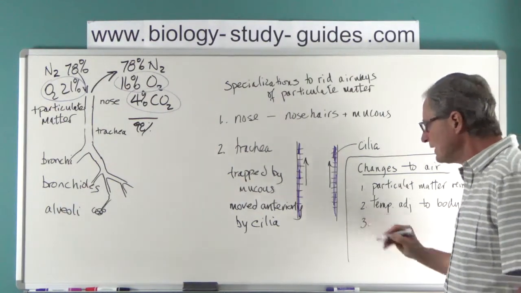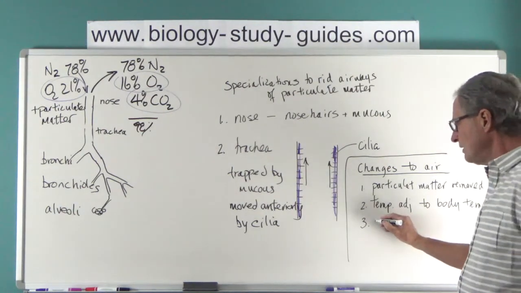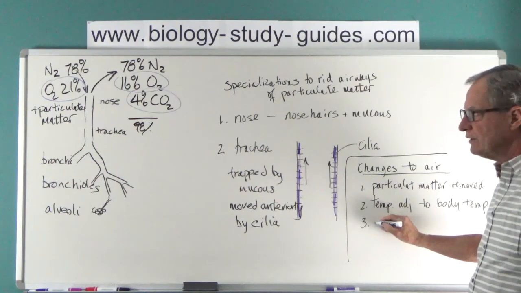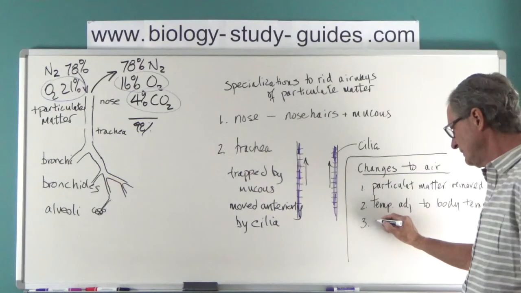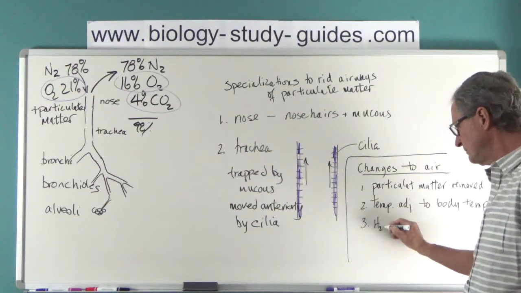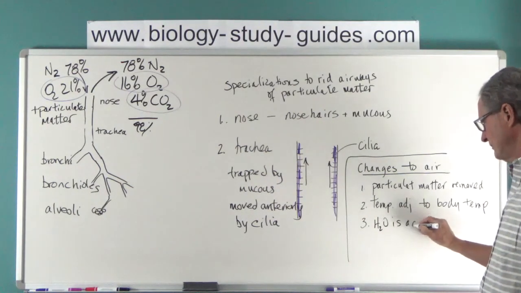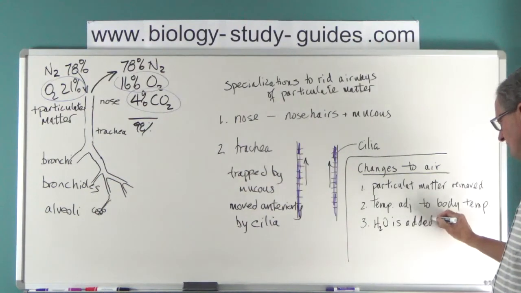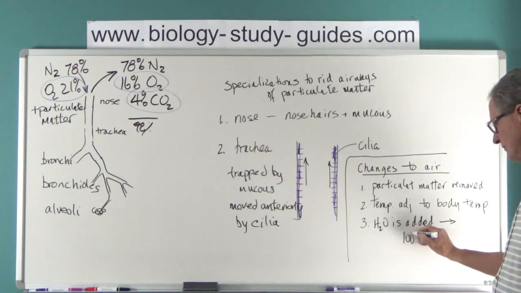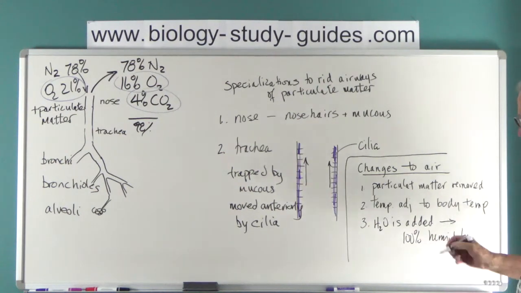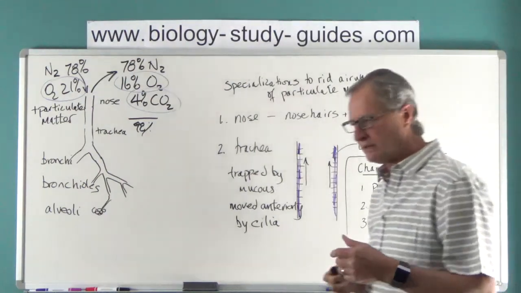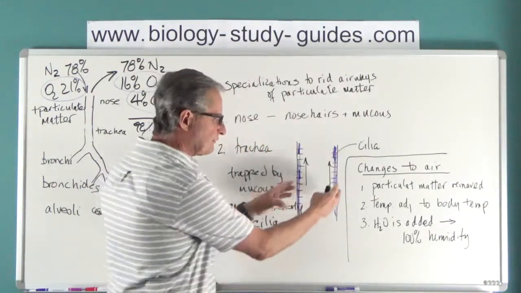And the third thing that happens is water is added to it. It becomes almost 100% humidity. The water, if you make the connection here, is going to be coming out of the mucus as well.